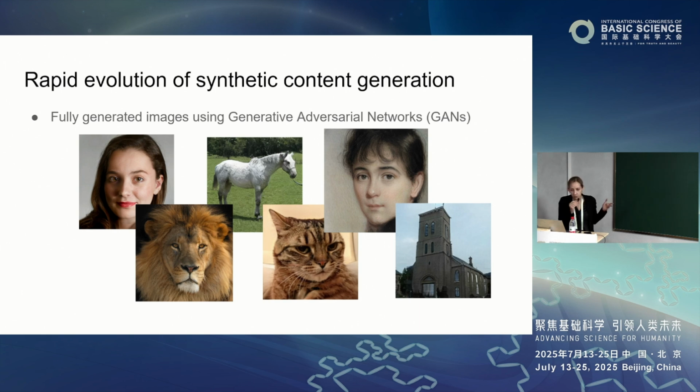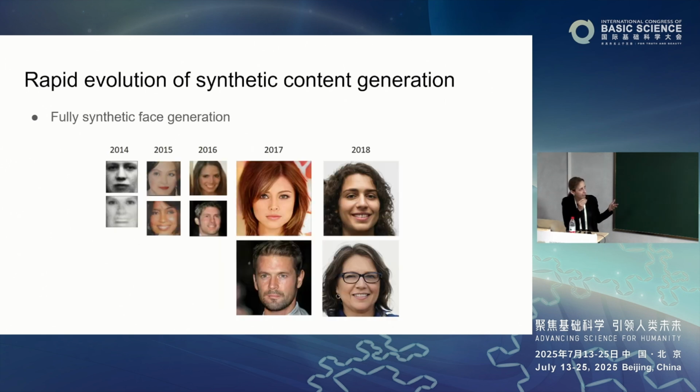The level of realism of these images is really high, and thanks to these tools, you can see how progress has been so fast. In 2014, that was the type of face images that could be generated, so fully synthetic faces, and only after 4 years, you can see how resolution and realism have increased.